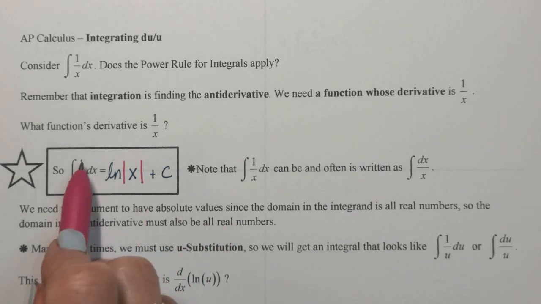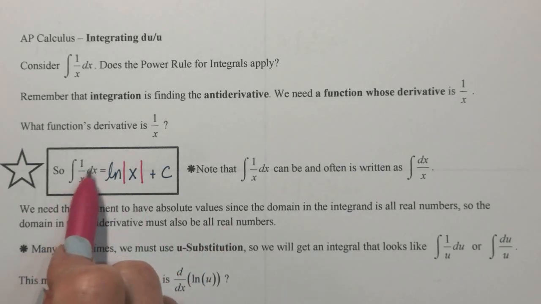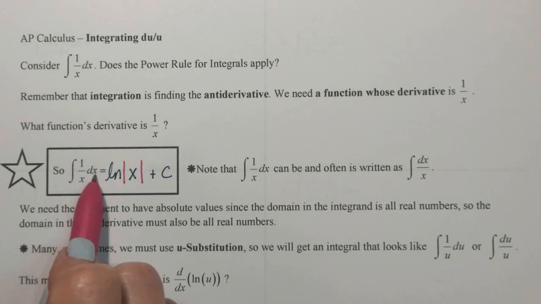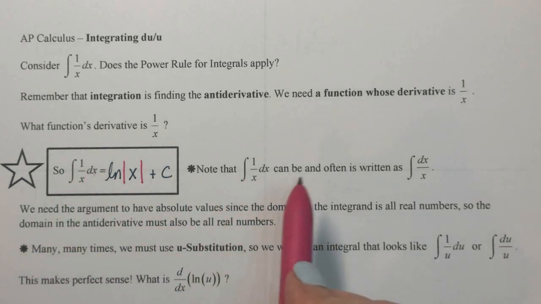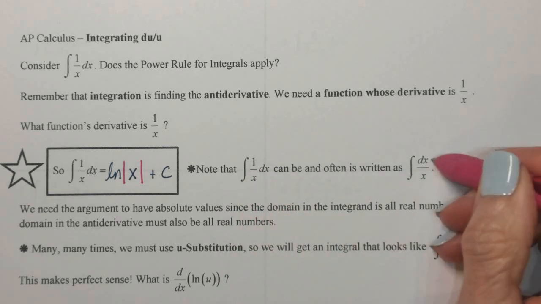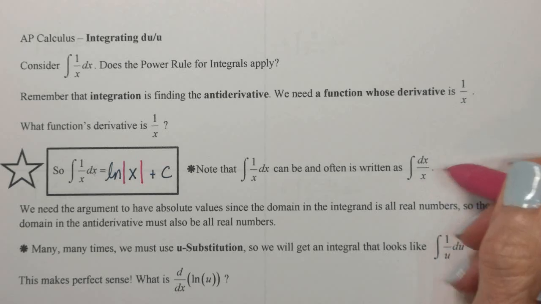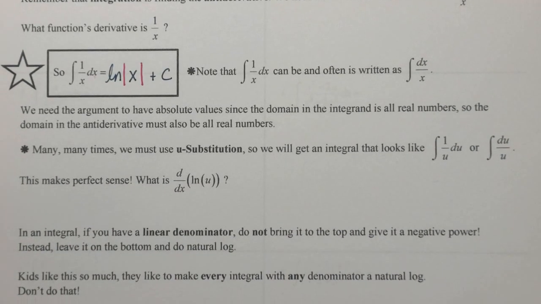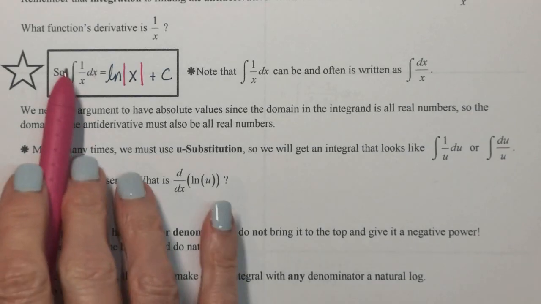Notice that no matter if there's a 1 or anything on top, you can multiply this dx to the top, right? So oftentimes, instead of writing 1 over x dx, we will write just dx over x. Okay? Oftentimes, we need to use u sub. It won't just be 1 over x.